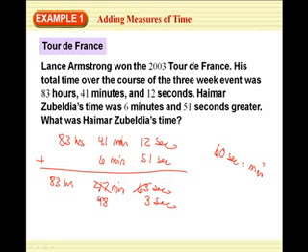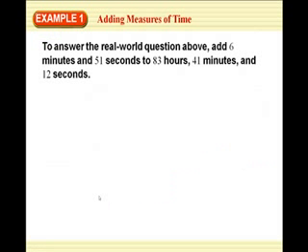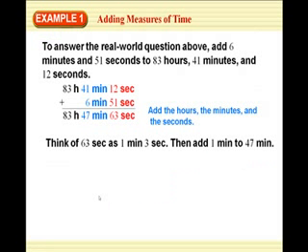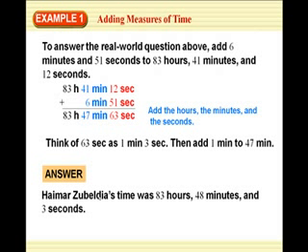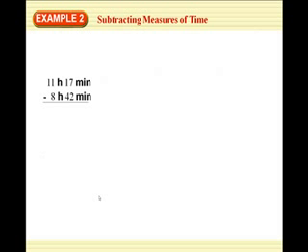So 83 hours, 48 minutes, and 3 seconds for Hamar. Let's see how they did it. They lined them up just like we did, and then they converted that 63 seconds over and got the same answer. There it is.